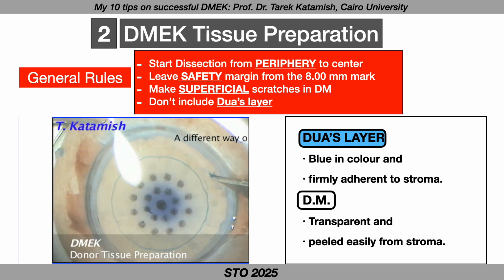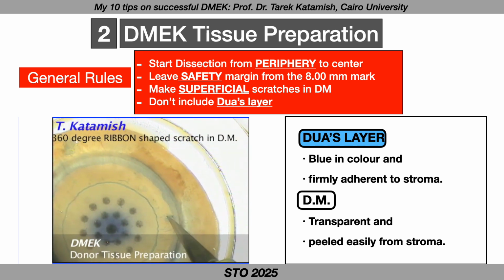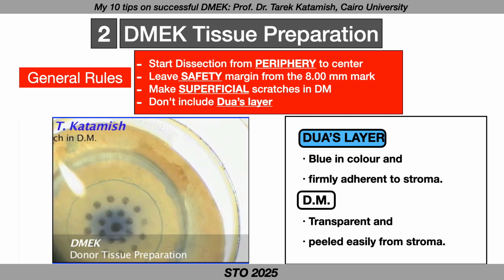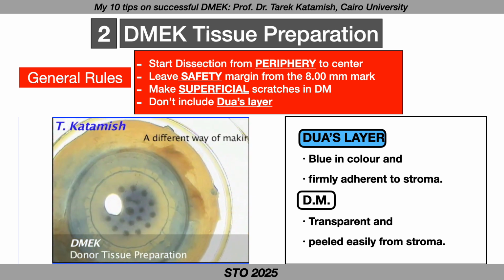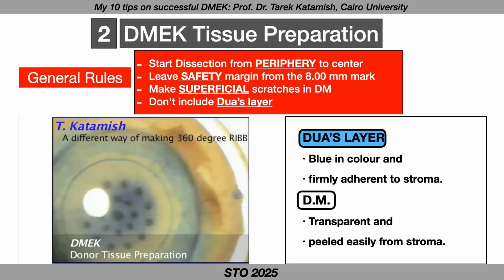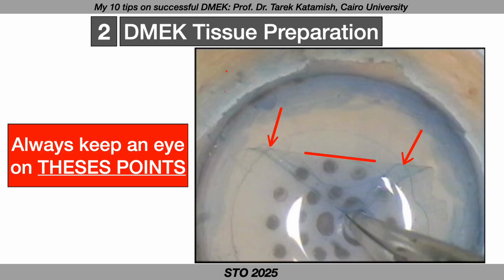Some general rules during preparation: start dissection from periphery to center, leave safety margin from the 8 millimeter mark, make superficial scratches in Descemet membrane, don't include Dua's layer in these scratches. Always keep an eye on these points during stripping, because these points are the source of peripheral tears.